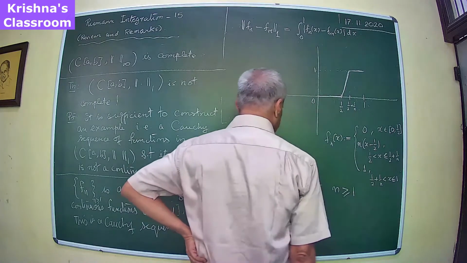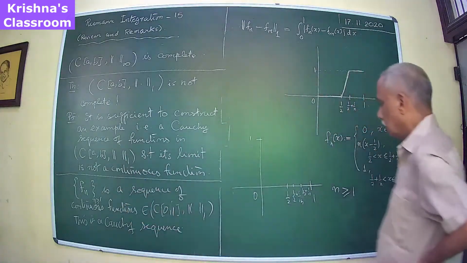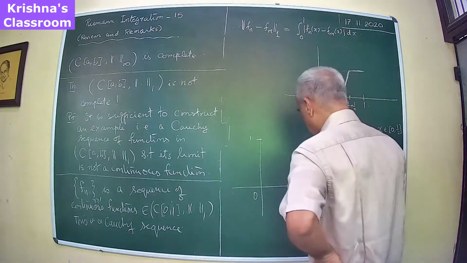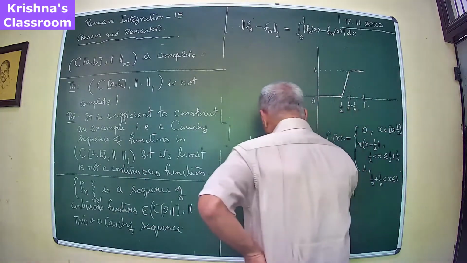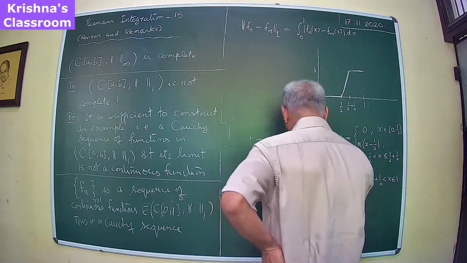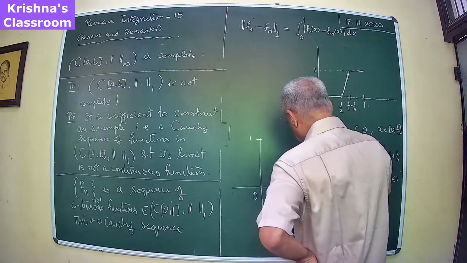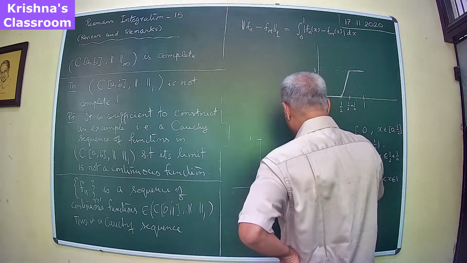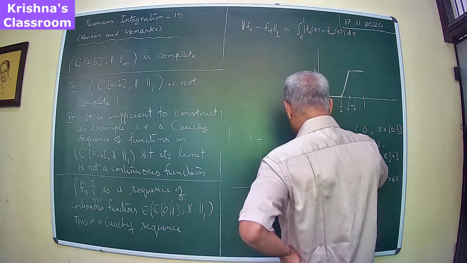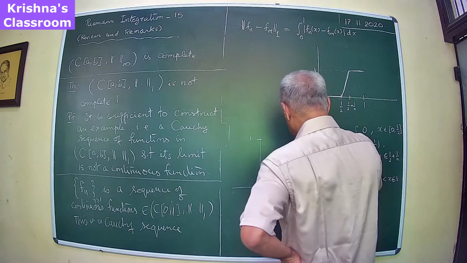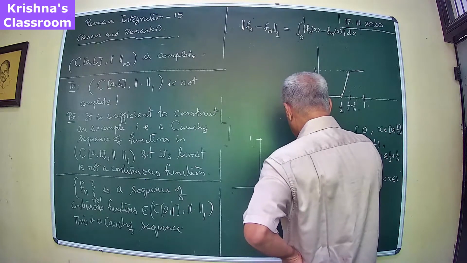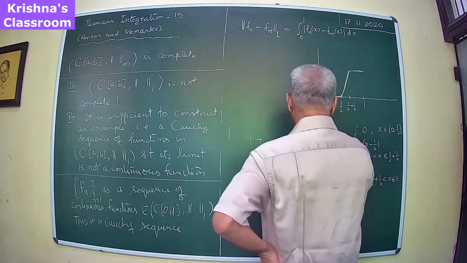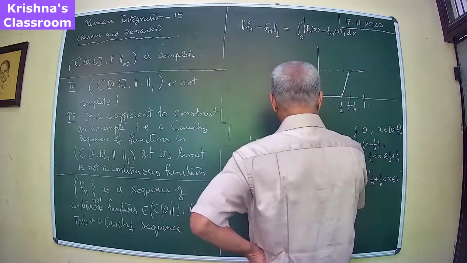So let us work with this function. What are the functions? One function is 0 here, nothing changes on that part, and this is your f_n.